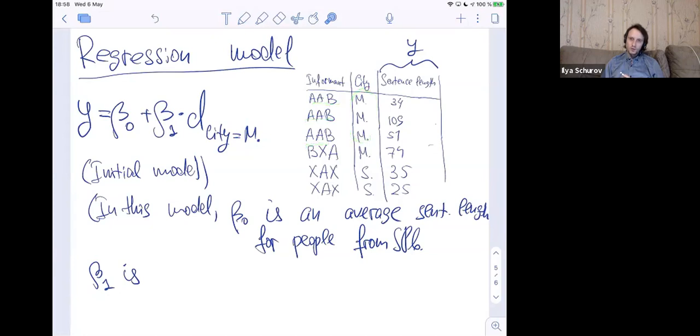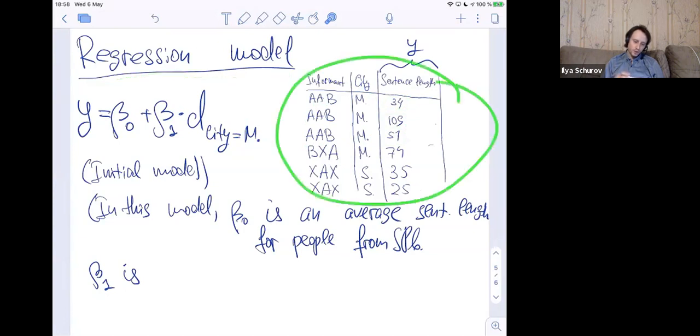And for each informant, we asked to produce some text. And we split this text by sentences. And we counted this sentence length. I just repeat these settings because I see that some people appeared only recently. So now we consider this regression model for this kind of data.